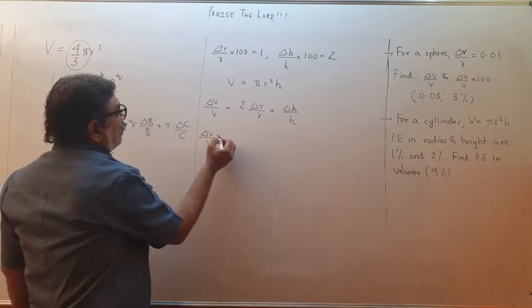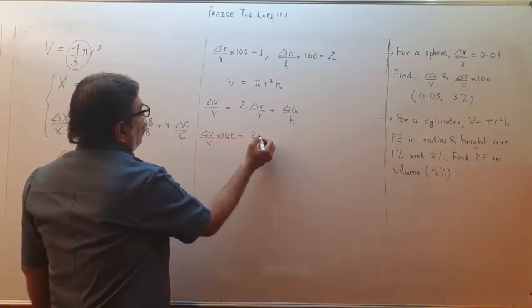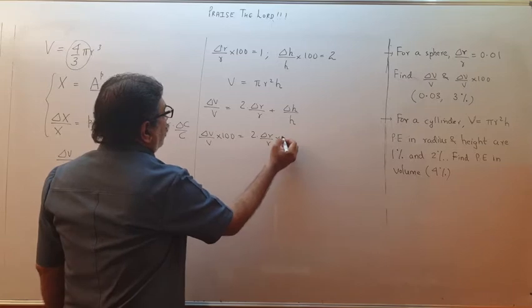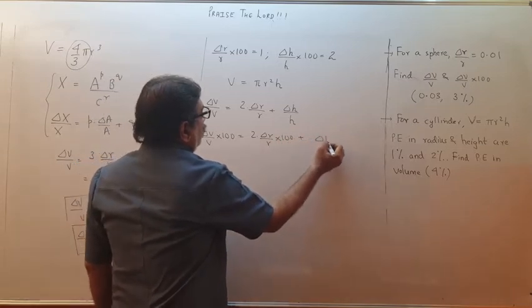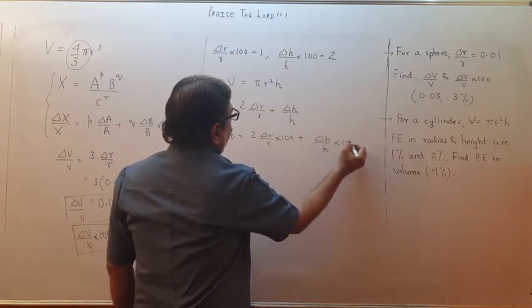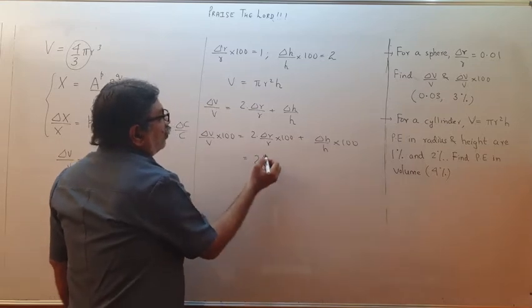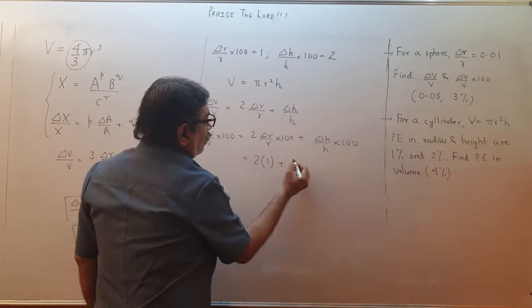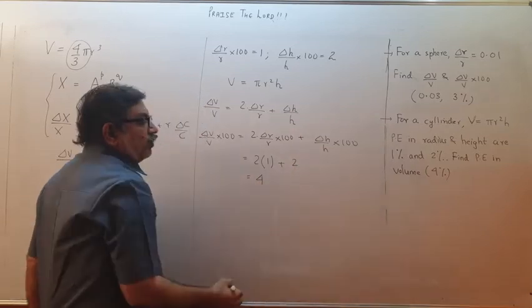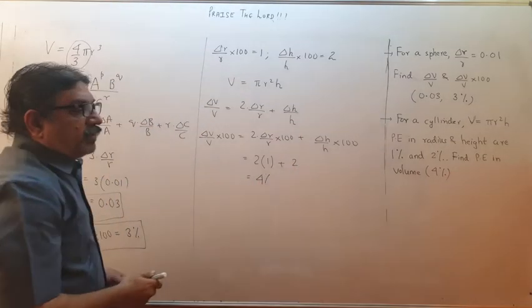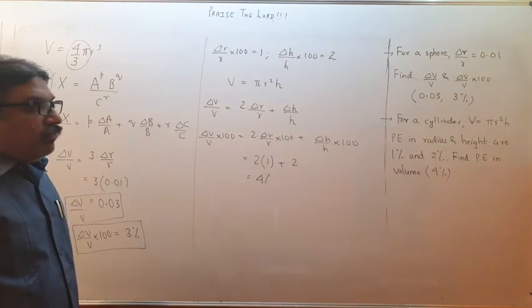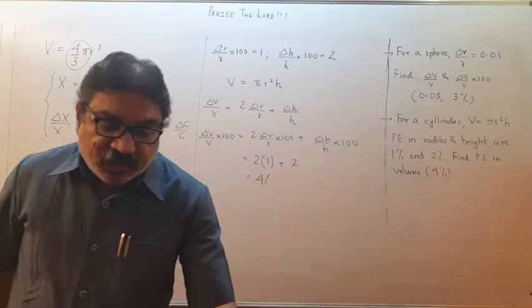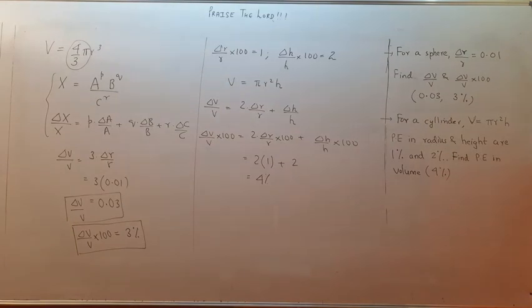So delta v upon v into 100 will be 2 times delta r upon r into 100 plus delta h upon h into 100. So children, this is given as 1 and this is given as 2. So 2 plus 2, how much? 4. So 4% is the percentage error in volume. So easy. Please copy, children.